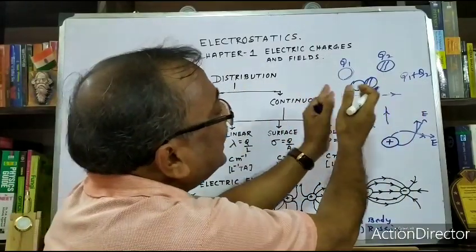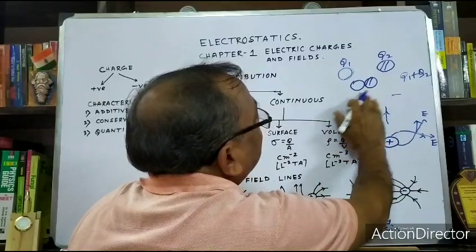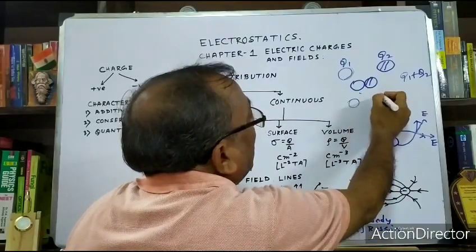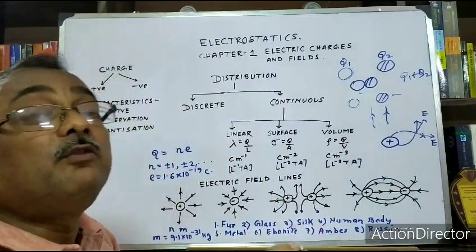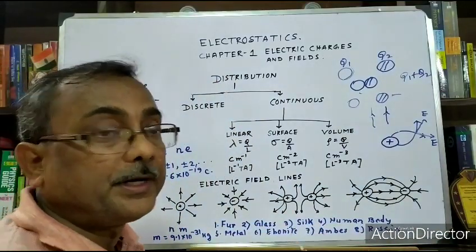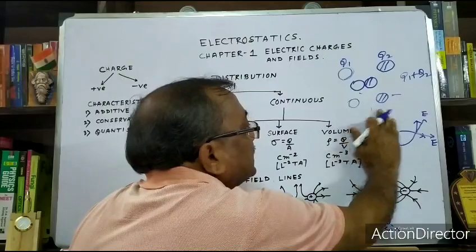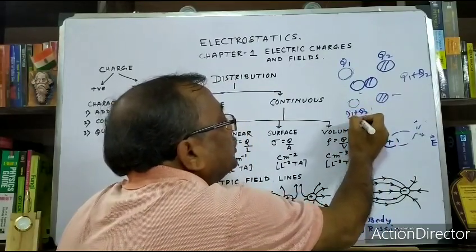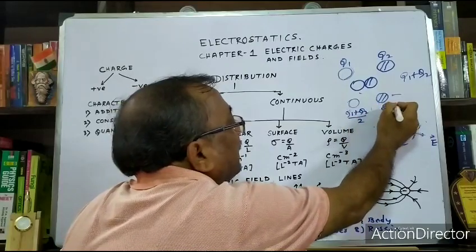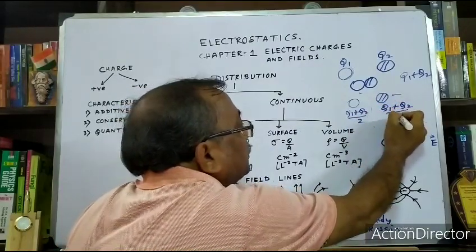When these two charged bodies are kept in contact and again separated, now this total charge Q1 plus Q2 will be equally divided when they are separated. So now the charges in the body will be (Q1 plus Q2) by 2, and here also (Q1 plus Q2) by 2.